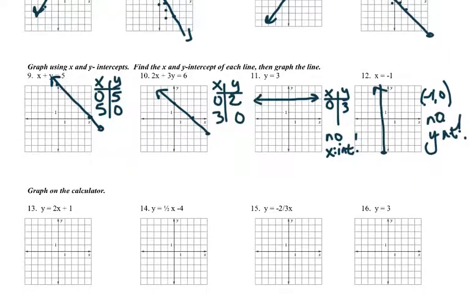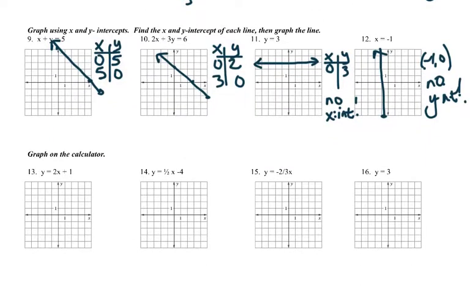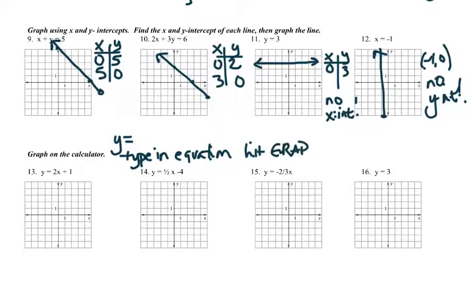When we graph on the calculator, I'm just going to show you here. You're going to hit the y equals button and then type in the equation and then hit graph. And there are a lot of different zooms, so if it doesn't look like a line, you can either go to zoom standard or zoom decimal.